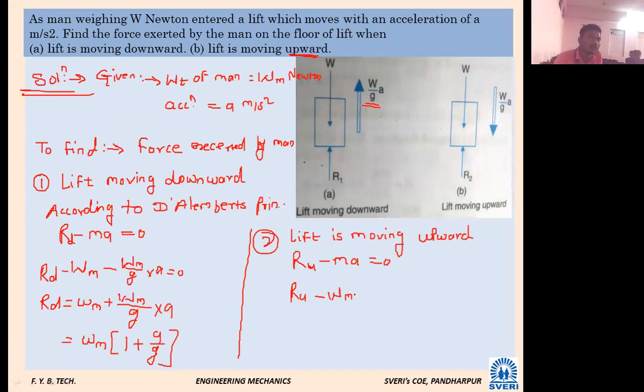Inertia force कसा ऍक्ट होईल, अपवर्ड का डाऊनवर्ड? लिफ्ट वरती चाललेला आहे, इनर्शिया फोर्स कुठे ऍक्ट होईल? डाऊनवर्ड. मग डाऊनवर्ड फोर्स कसा असतो आपला? डाऊनवर्ड फोर्स निगेटिव्ह असतो. सो m a म्हणजे इनर्शिया फोर्स, दॅट इज g इंटू a इक्वल टू 0.